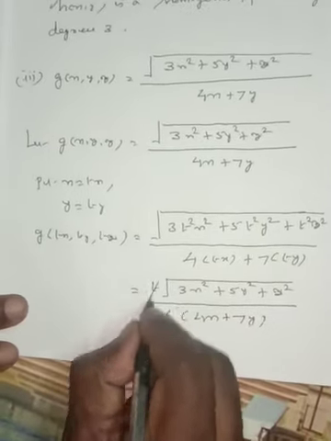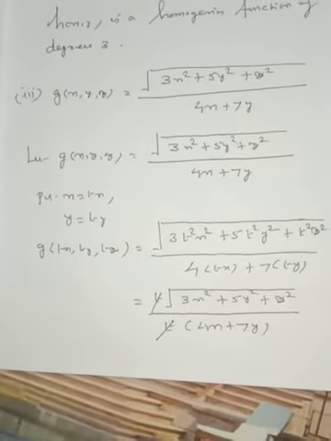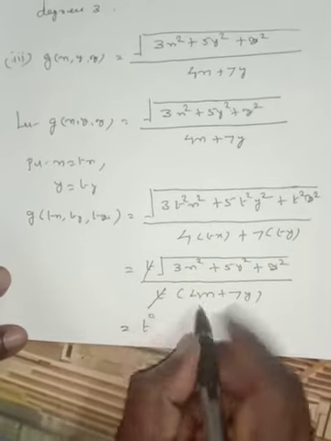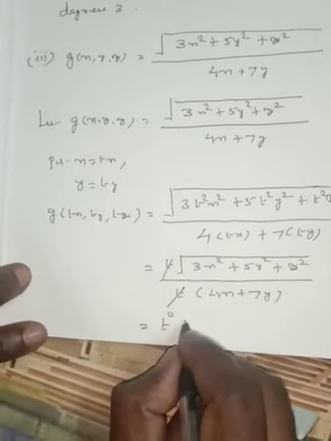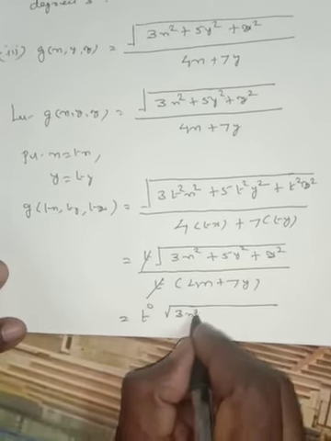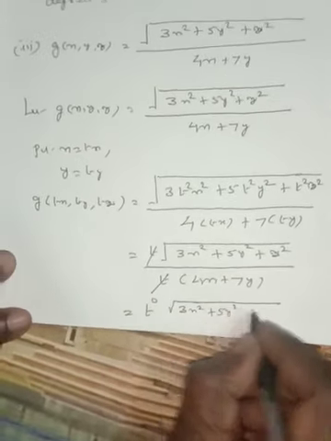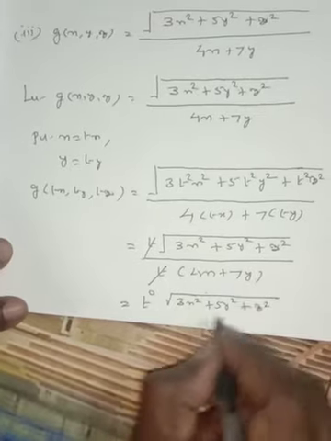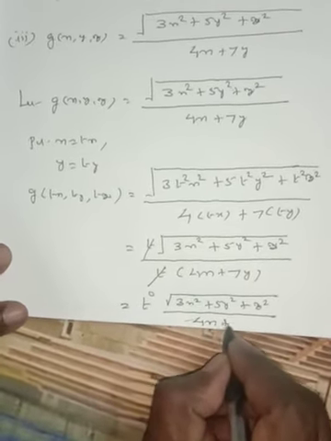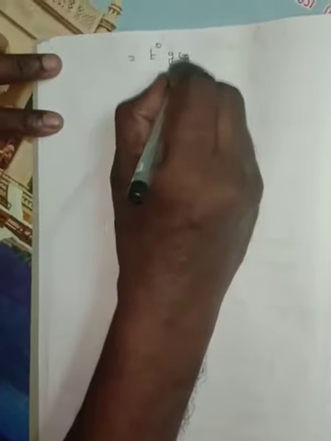Now t cancels, t to the power of 0, root of 3x square plus 5y square plus z square divided by 4x plus 7y. T to the power of 0, G of x, y, z.